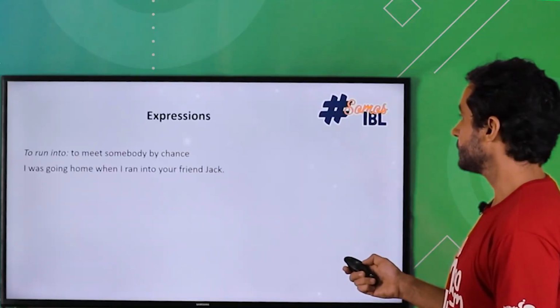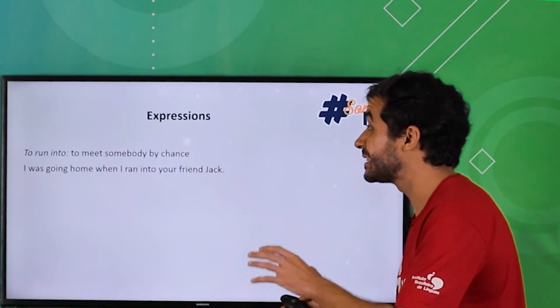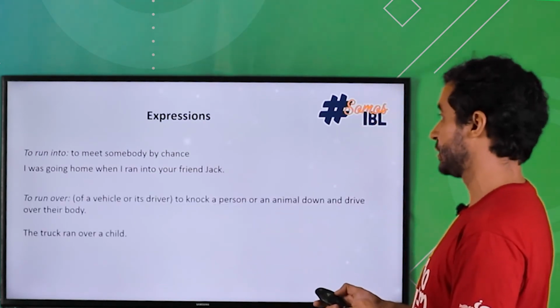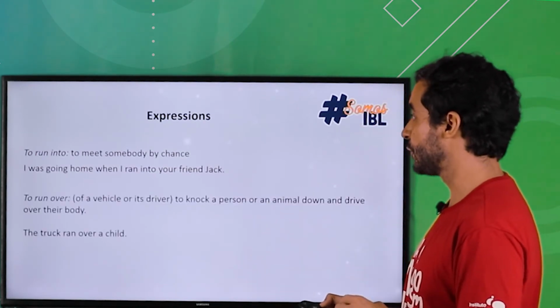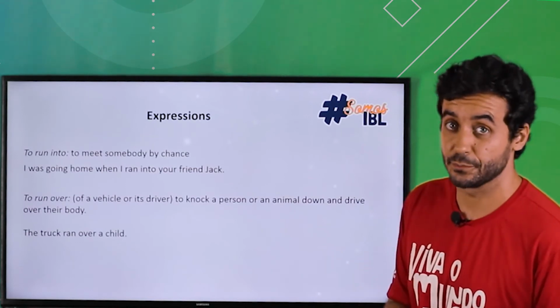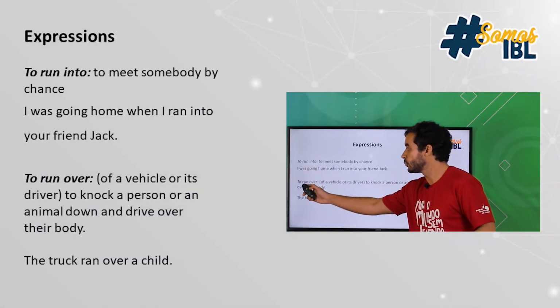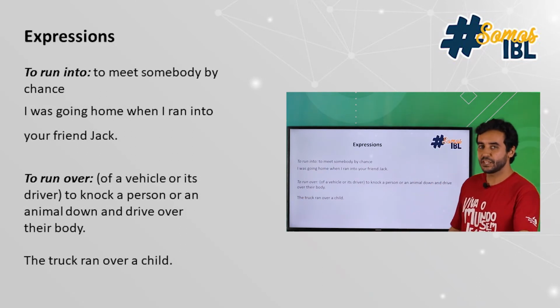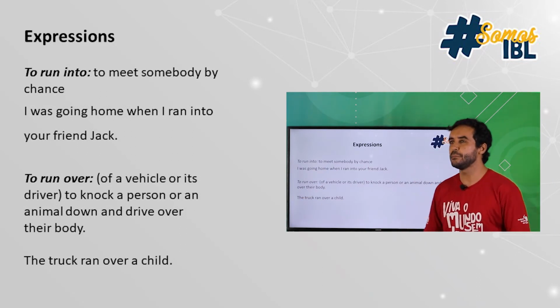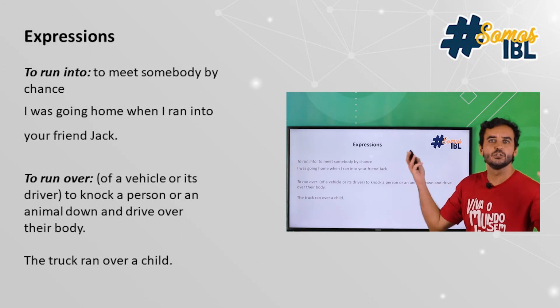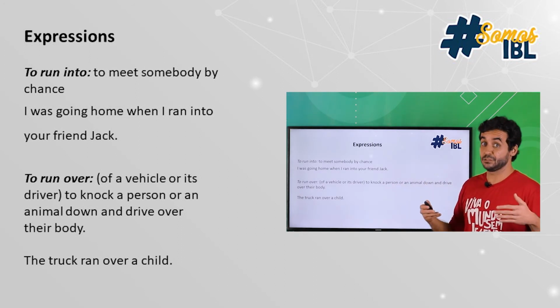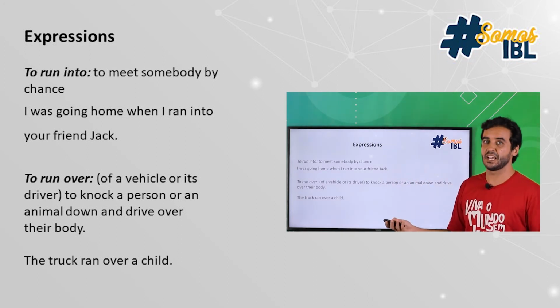That's it. So let's take a look at some of the expressions we got, okay? The first two are similar, but they mean something different, okay? So run into and run over. Imagine I am walking down the street and I meet my old friend, Joãozinho. This wasn't an expected thing to happen, right?